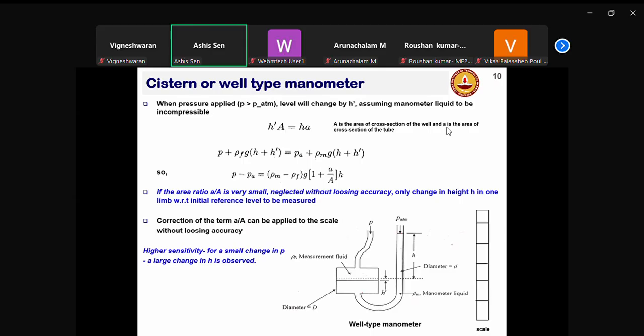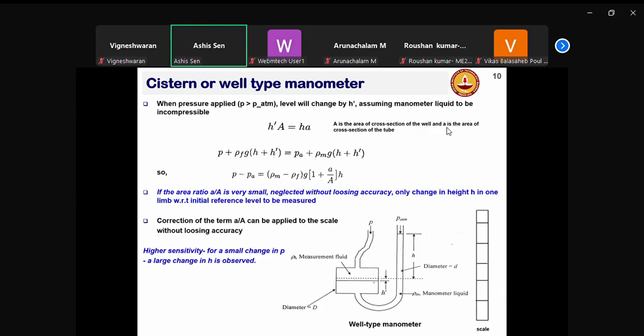So if you equate the volume, the volume of liquid that is moving down here will be same as the volume of liquid moving up here. So H dash is, let's say, the height that is the liquid level height that is going down.